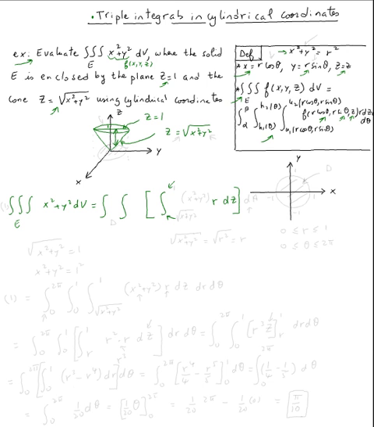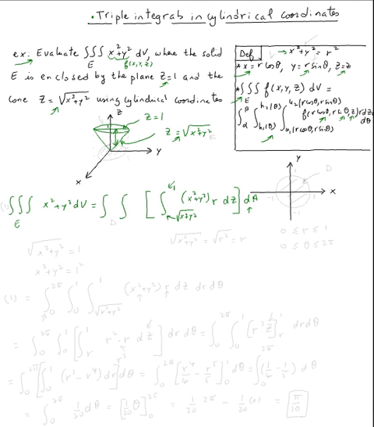So we go from z equals the square root of x squared plus y squared to z equals 1, and our function is x squared plus y squared. And let's just write dA here, but of course we want to have dr d theta for now.